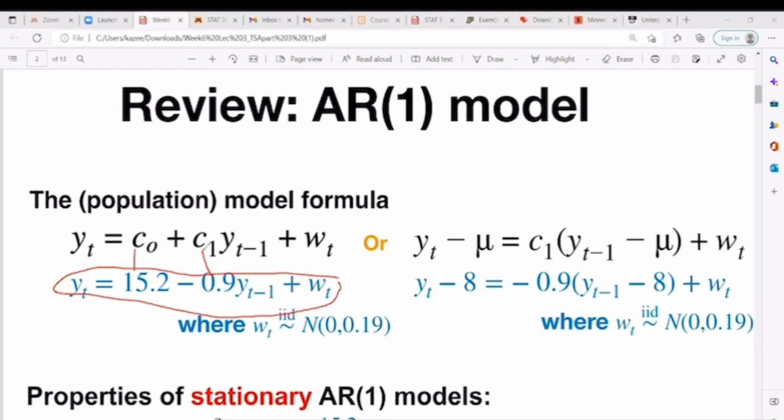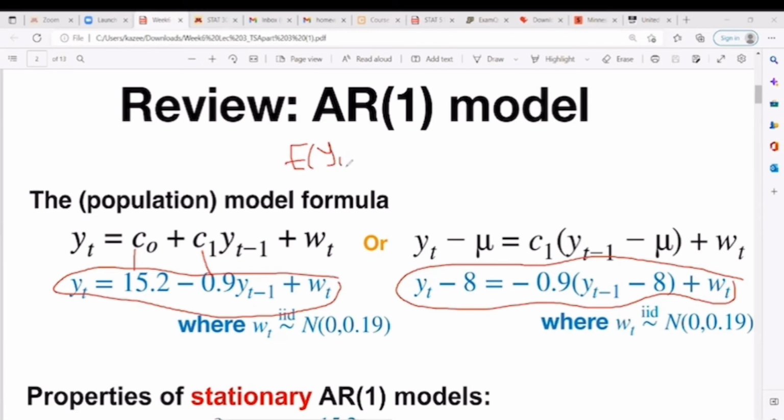So that is what we basically want to find. And of course, if you take a look at this guy now, this is another way to write a model. Writing the model now. It means we already know the mean, the expected value of YT, if you follow what we did the other time.